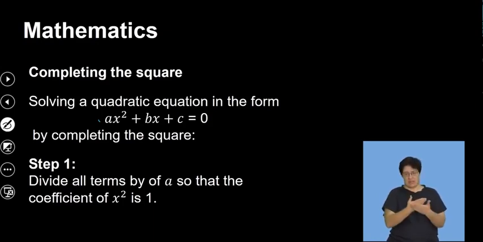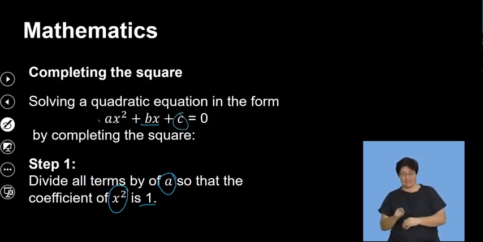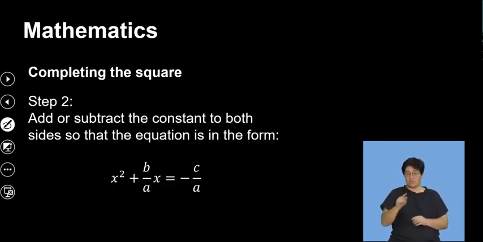The first thing you need to always do is make sure that the coefficient of x squared is 1 by dividing everything by a. So if I divide everything by a, this will be x squared, this will be b over a x, and this will be c over a. And then 0 divided by a will just be 0.